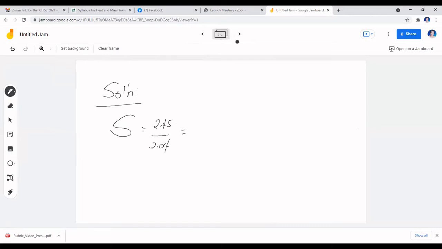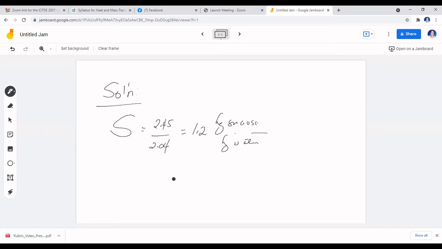And you will have here an answer which is 1.2. So this is kilogram sucrose per kilogram water.